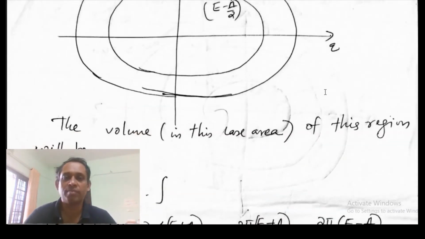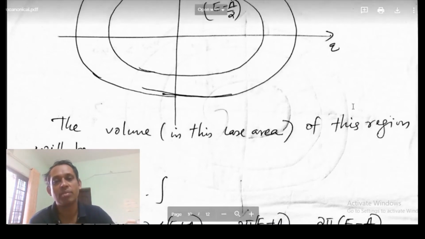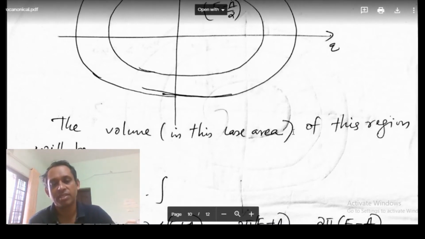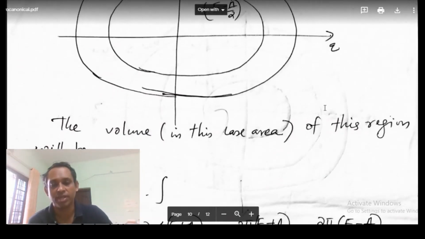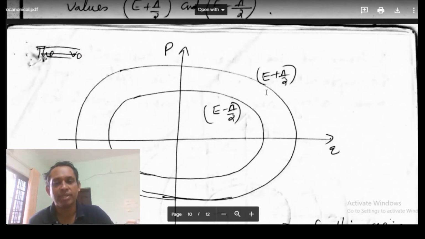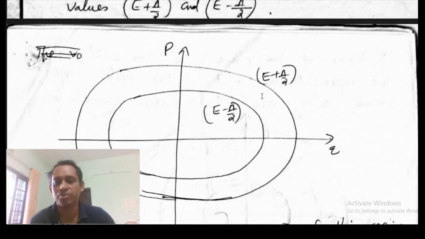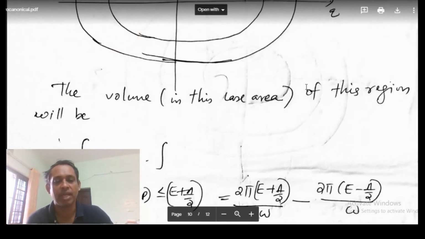Instead of volume we talk in terms of area, because for volume there has to be at least 3 dimensions. So the area between the trajectory corresponding to E minus delta by 2 and E plus delta by 2, this is the area we are calculating.